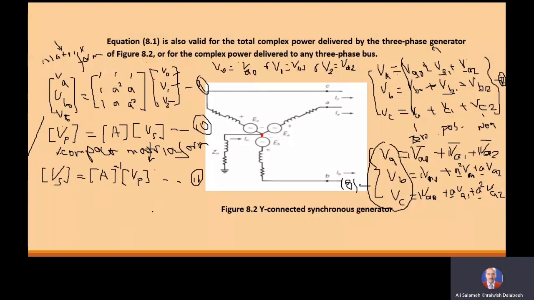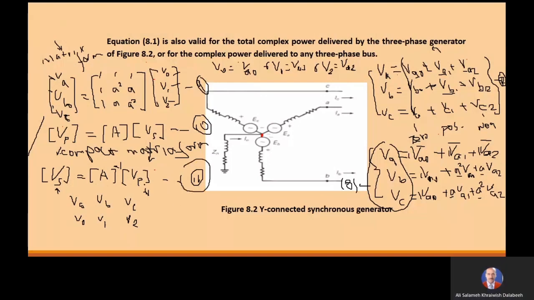In equation number 11, we see that if we have the phase voltages, VA, VB, VC, we can find the sequence quantities, V naught, V1, V2, by using equation number 11.